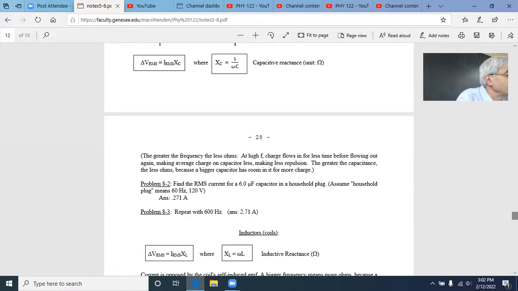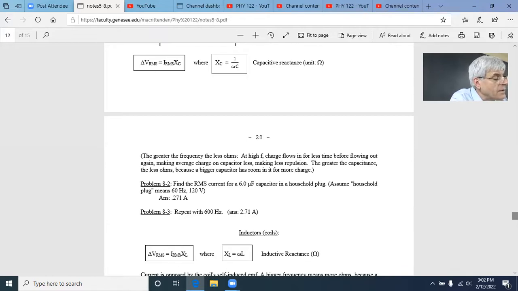So what you're going to have to do is use these equations, which are right at the top of the screen right now. From the frequency and the capacitance, you can calculate the reactance. Once you know how many ohms, that together with the number of volts will tell you the amps from the equation on the left at the top of your screen.